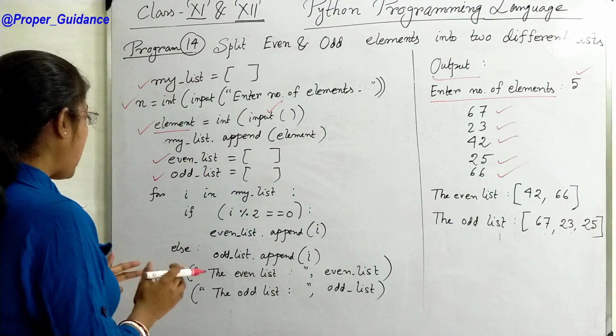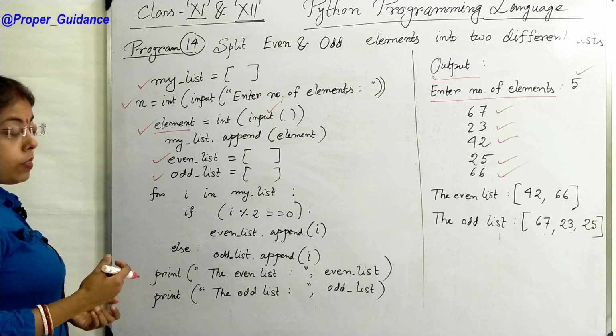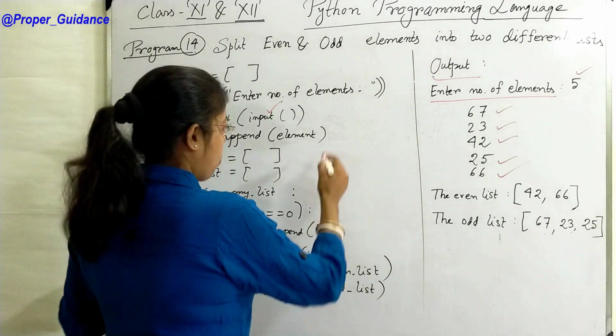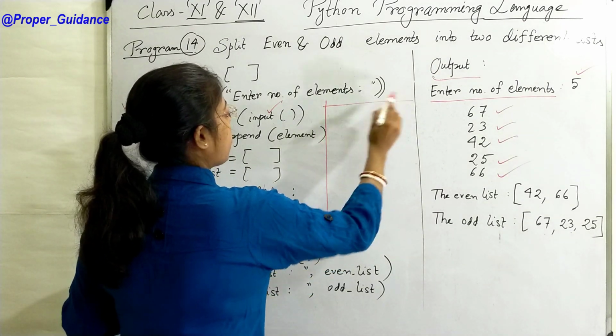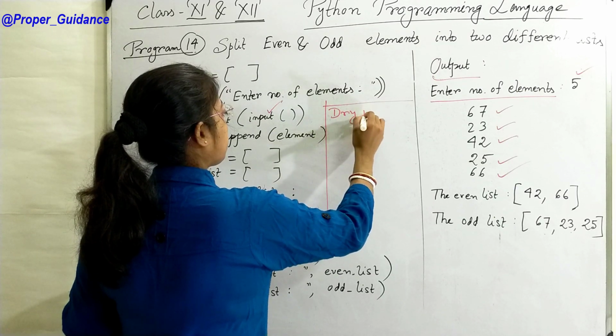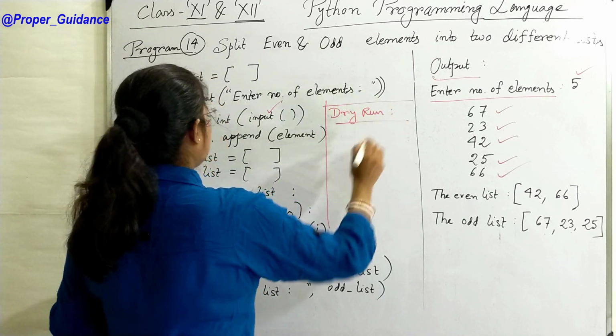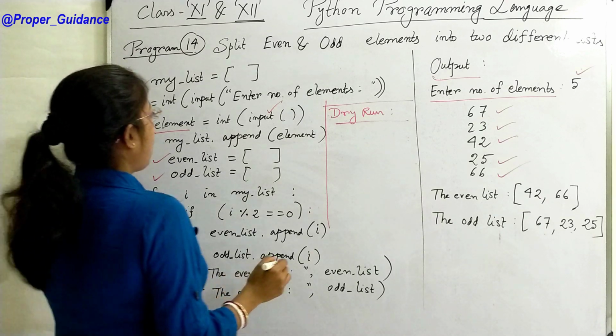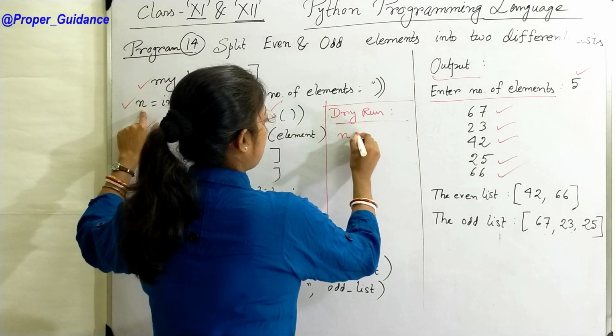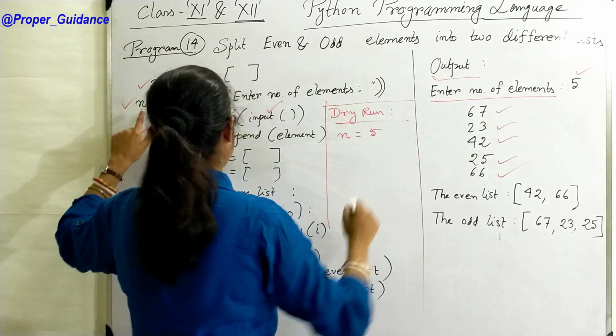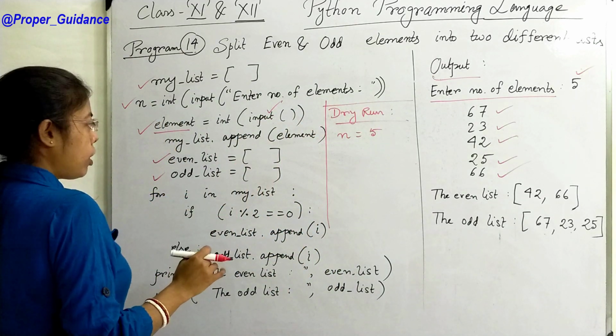Now, this is the time to understand how the program actually works. Dry run section. So n equals 5 because we are giving 5 as the user input.